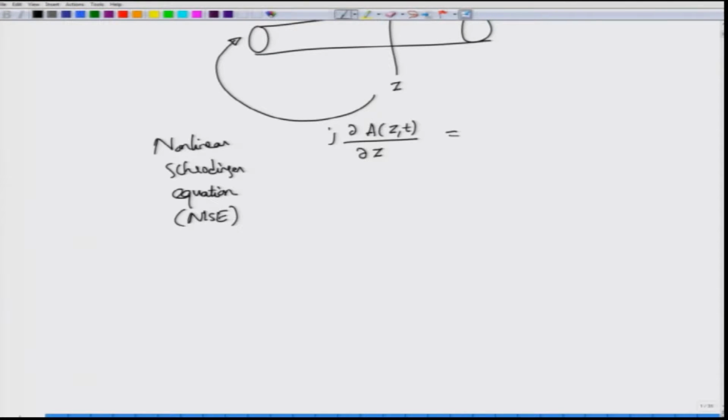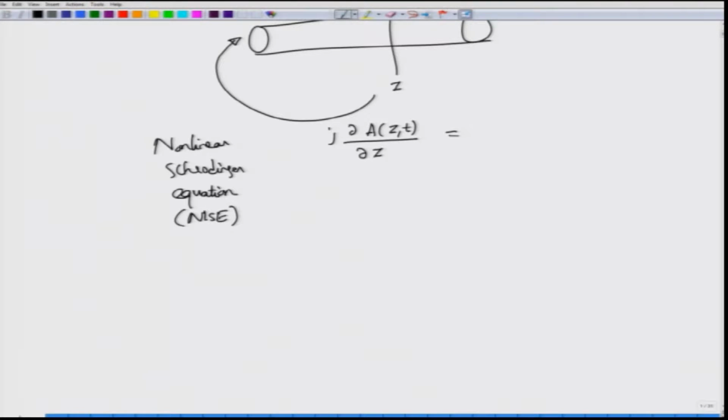So, one has to look at how the envelope is changing as a function of z as well as a function of time. So, you would expect some terms on the right hand side to be functions of time, and the function of z is already there in the left hand side. So, the right hand side should definitely contain functions of time.